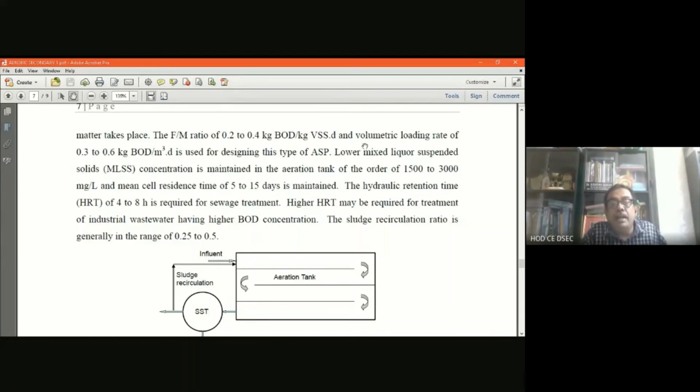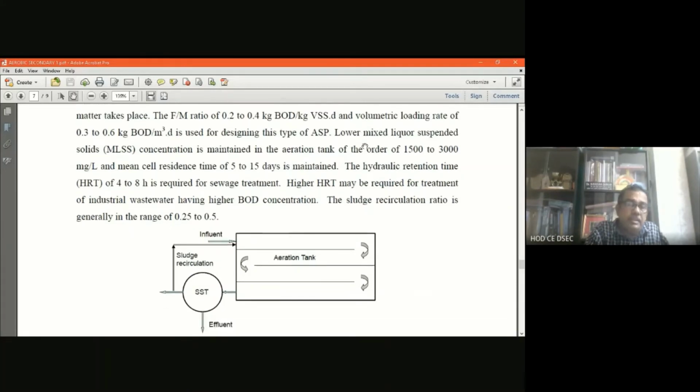For treatment of industrial wastewater which contains higher BOD concentration, the HRT should be higher. And the sludge circulation ratio is normally in the range of 0.25 to 0.5. So these are the considerations in the design of the ASP tank, that is the aeration tank.